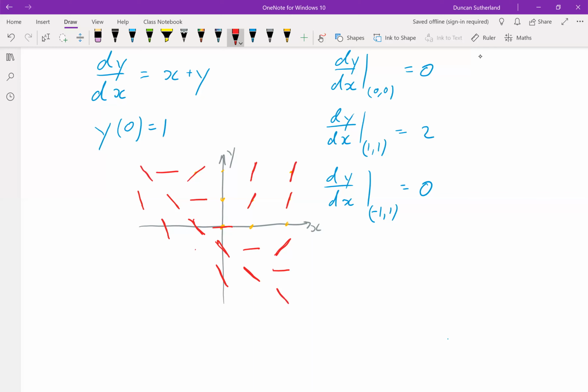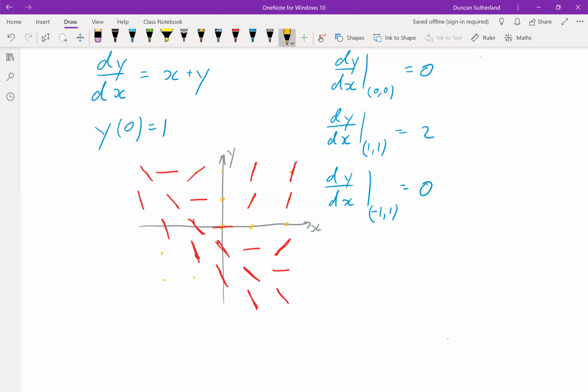Yep, -2 again. All right, and we can fill in that one, and that one. That should give me a pretty complete looking picture.